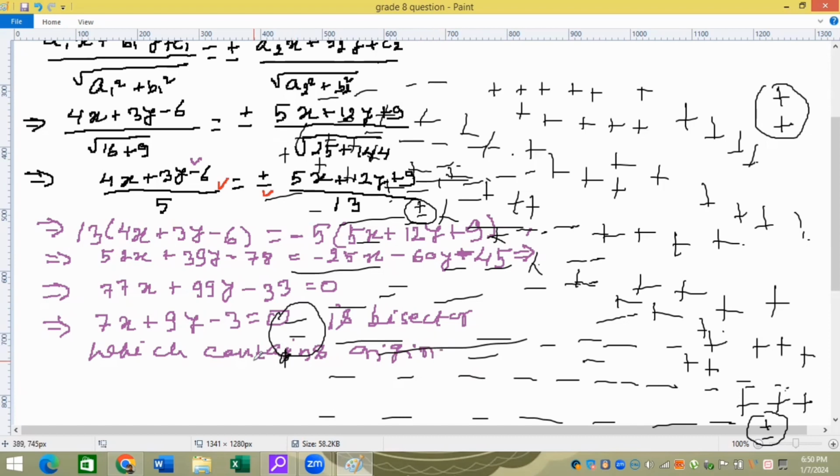Note that here contains origin doesn't mean that the origin lies on this line. Actually the origin falls in the area of this line. It's okay. So by taking the opposite sign condition, in this case it gave us the bisector whose region contains the origin, or the bisector is in the region of origin. So it is by the condition of opposite sign, plus minus or minus plus.